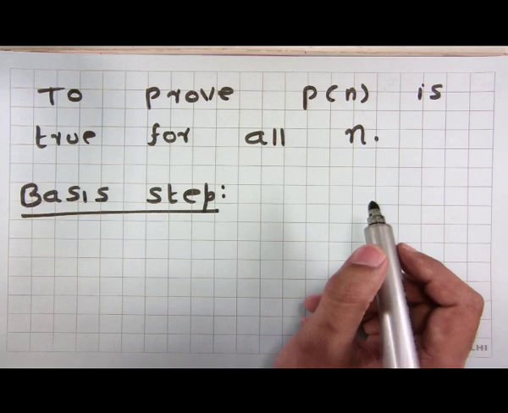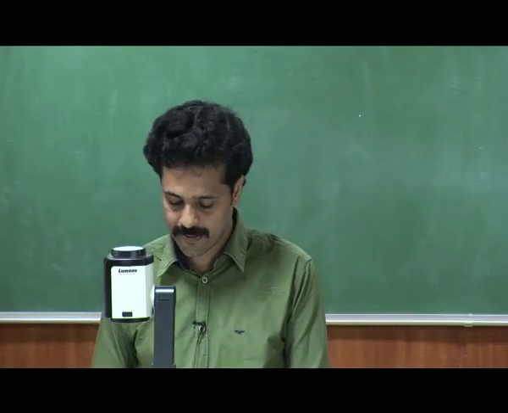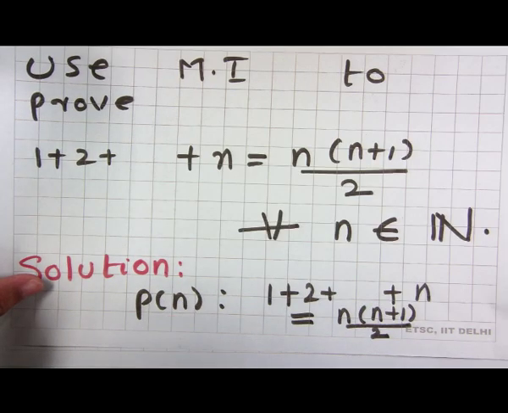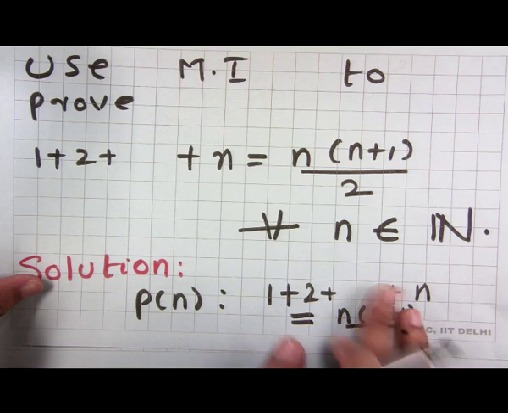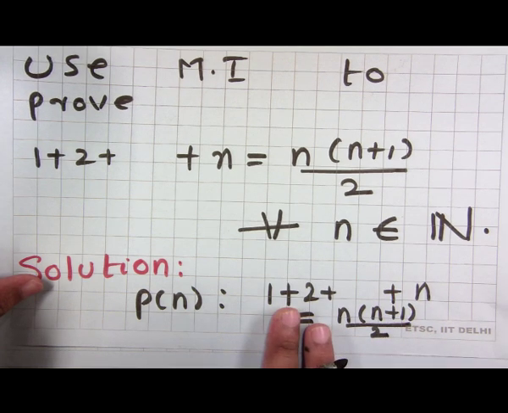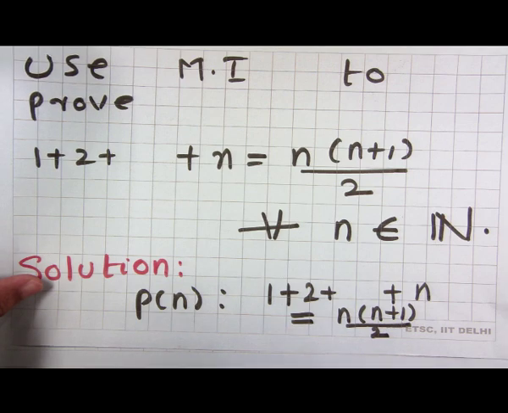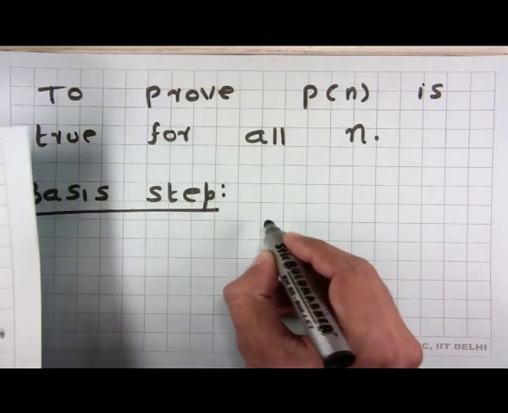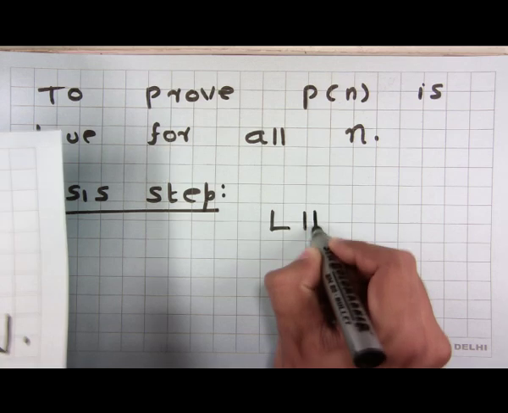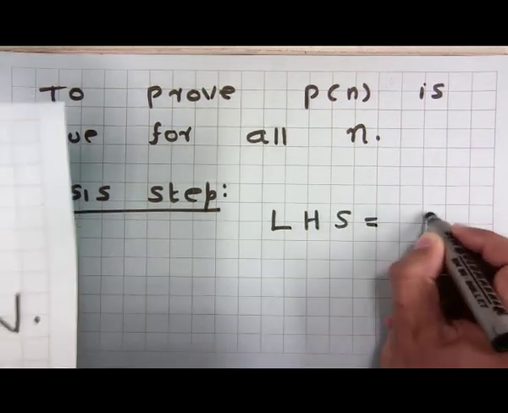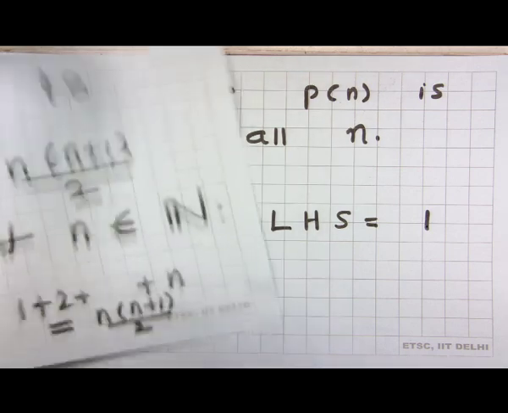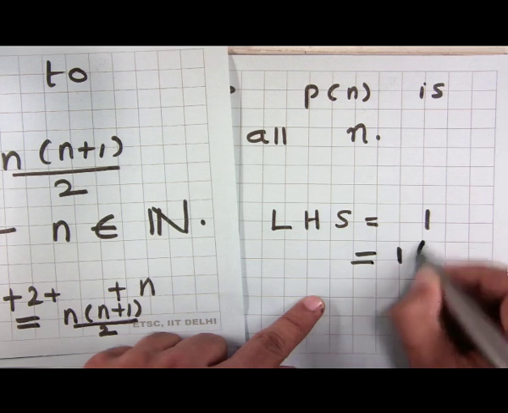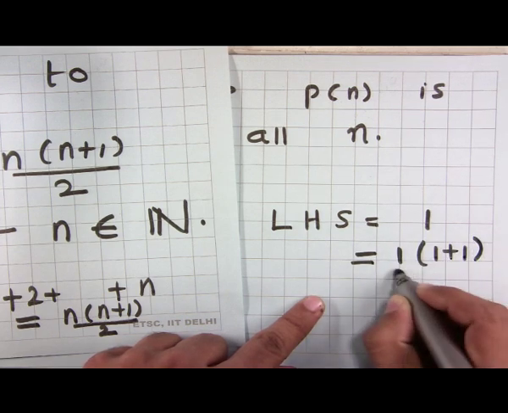Now, in this example, P of 1 is the sum of the first one natural number. So, in the left hand side we do not have a sum, but we actually have only one natural number, namely 1. So, the LHS is just 1, and that is equal to 1 into (1 plus 1) by 2.